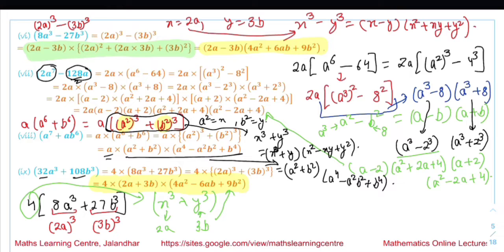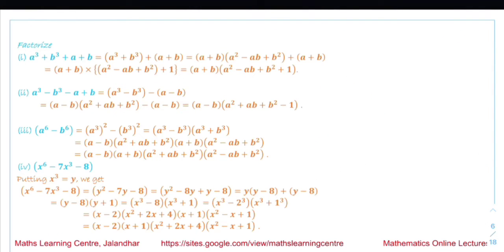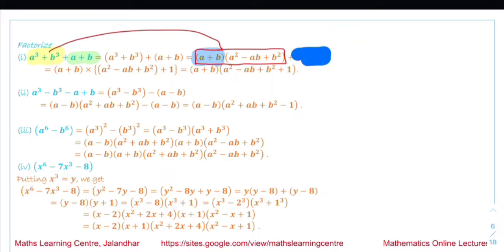Now in the next question, we have a cube plus b cube plus a plus b. So we group these terms. In the first group we have a cube plus b cube, and second we have a plus b. On the first part we apply the formula and we get (a plus b) into (a square minus ab plus b square). Now what we see is a plus b over here and a plus b over here, so it is common in both these terms.